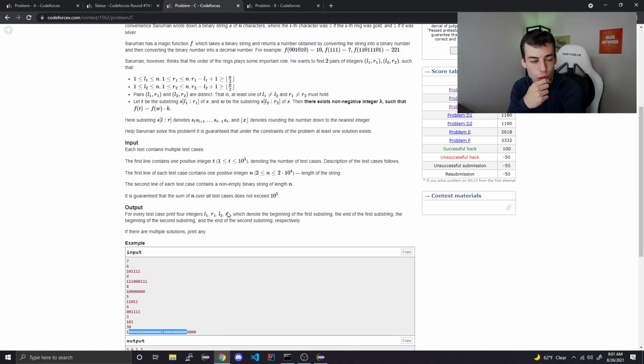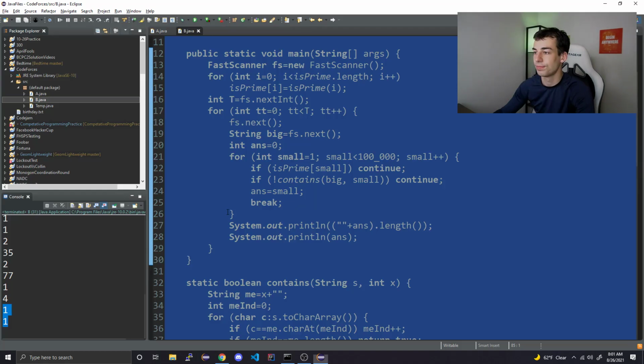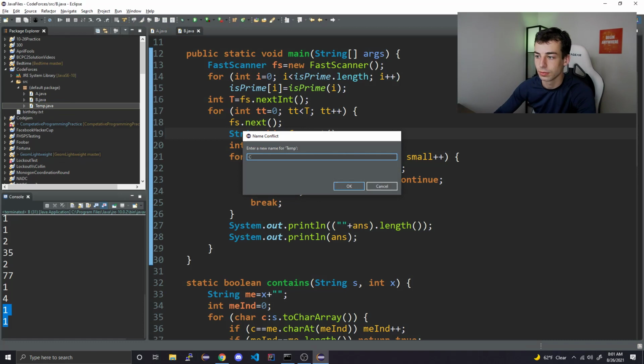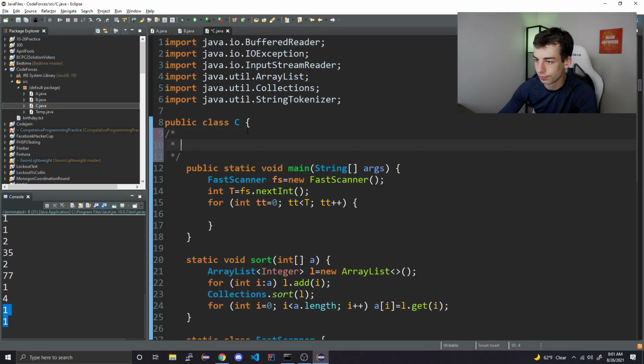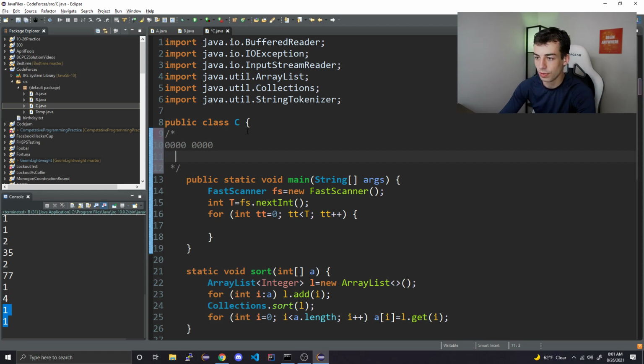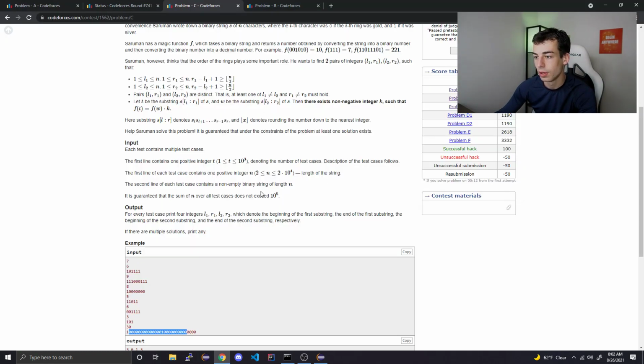What if they match? Oh, so if you have a 0 in the first half, let's say it's even length for simplicity. If you have like 0 and then 1, 1, 1, 1, then you can do this, and that works.